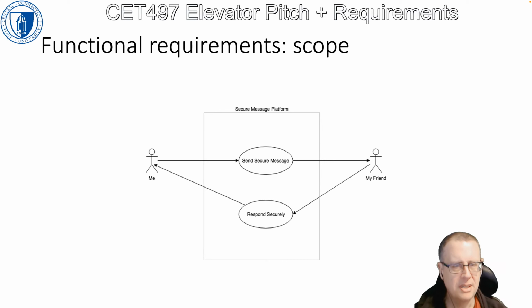It might be that there are other external actors. Maybe I need to interact with social media. Not that that would be secure, but maybe I do. Maybe I need to interact with the telephone company, with the cell phone company, right? Maybe they need to be one of the external actors.